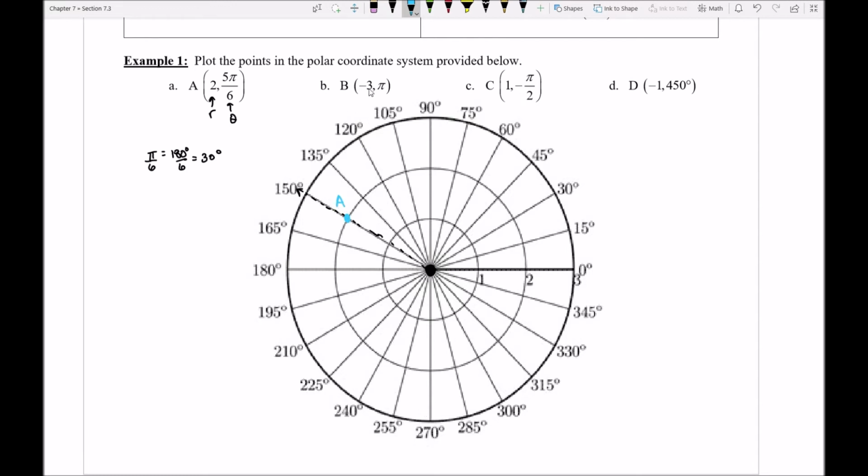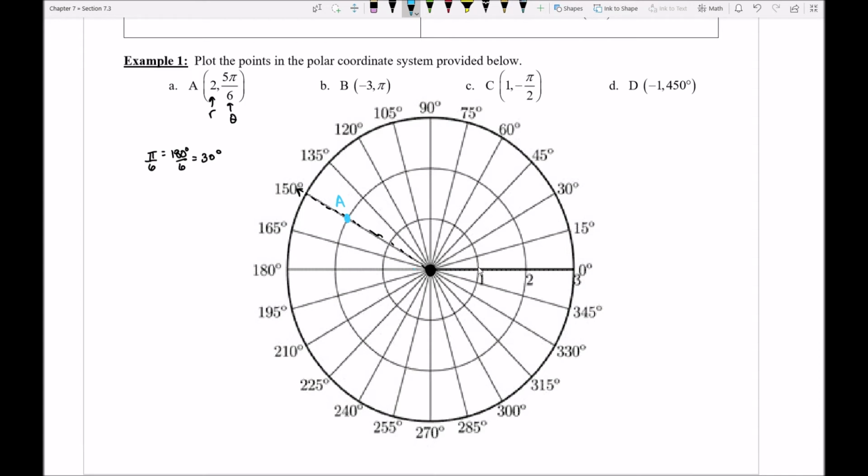Now notice I can do the exact same thing if I work with point B. This first says rotate pi. So I imagine I'm staring out towards 0. If I rotate pi or 180 degrees, I'm going to be staring out in this direction towards 180. And now, if I'm staring in this direction, and I'm asked to take -3 steps, that would indicate that although I'm looking towards 180, I need to take 3 steps backwards.